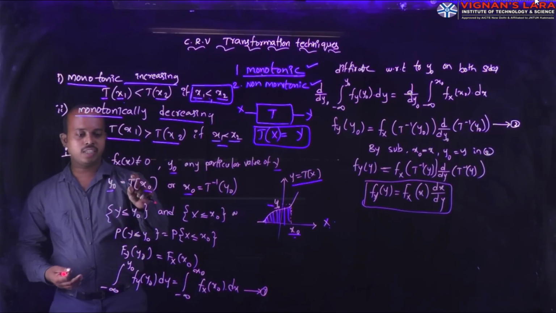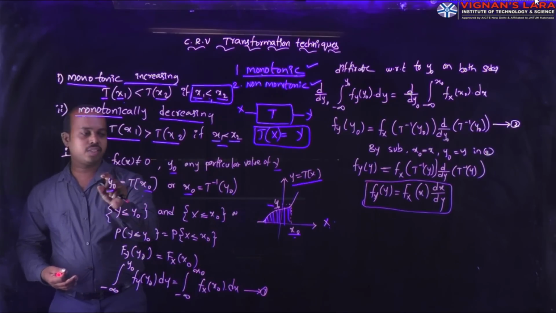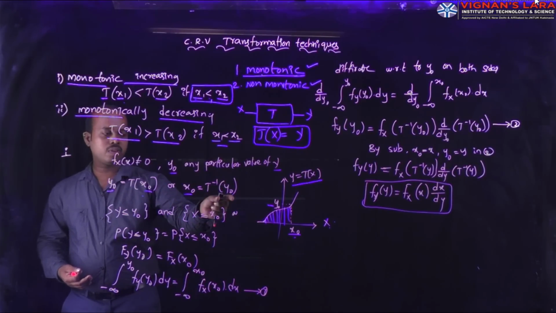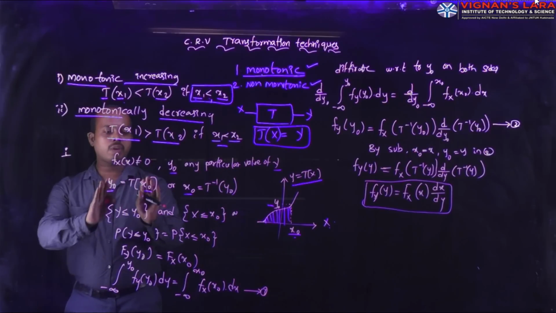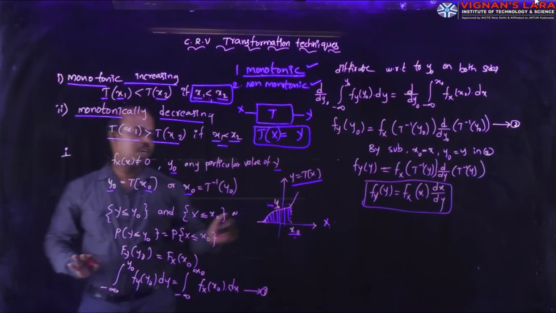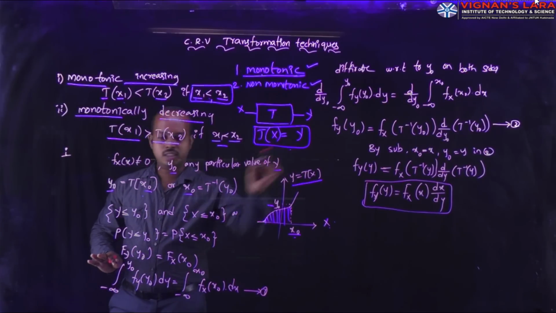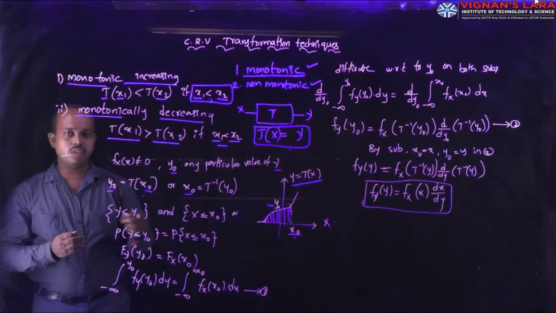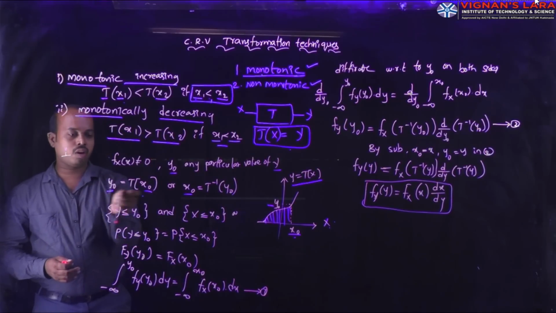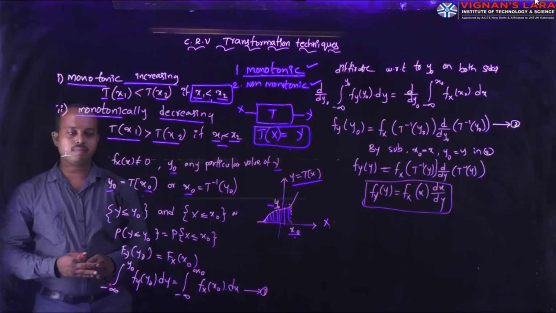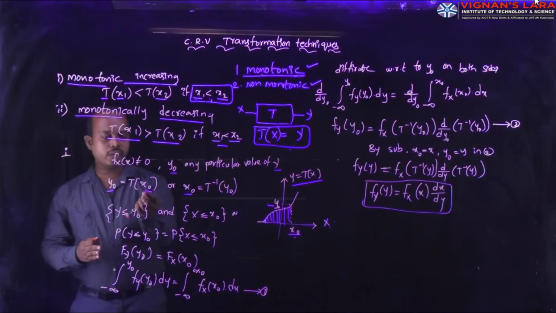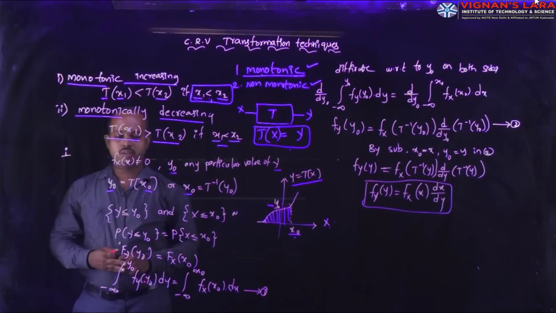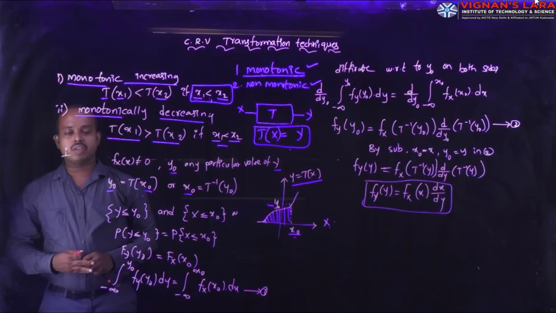Here T is already multiplying, so when I take it to this side, it is T inverse. The x naught is equal to T inverse of y naught. This is a fundamental definition of transformation. The same equation I am writing here, but considering the elements of the random variables: y naught is equal to T of x naught. From this relation, x naught is T inverse of y naught.